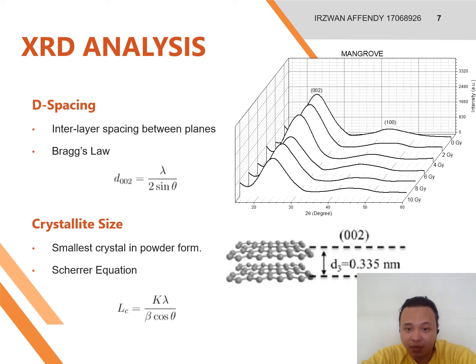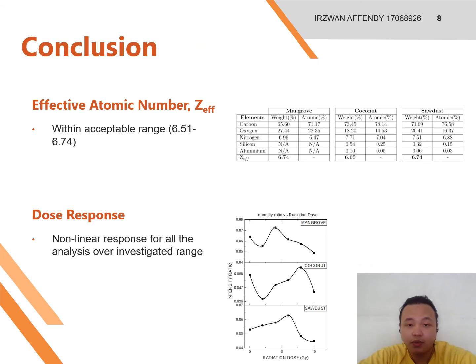And just like before, the changes of these parameters as a function of dose were observed to again characterize the dose response. To conclude our project, our charcoal samples showed effective atomic number within the accepted range.